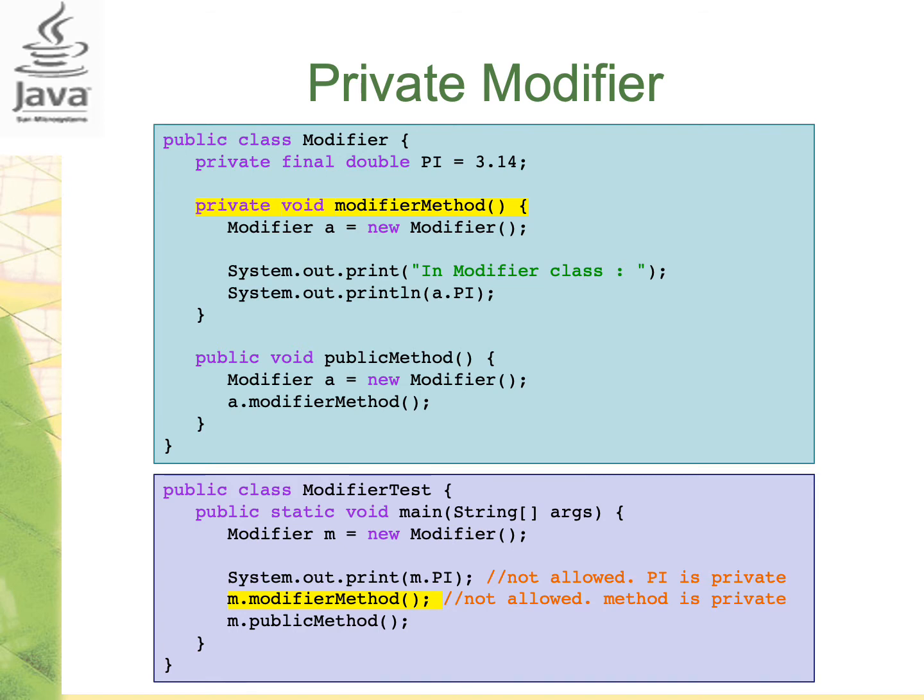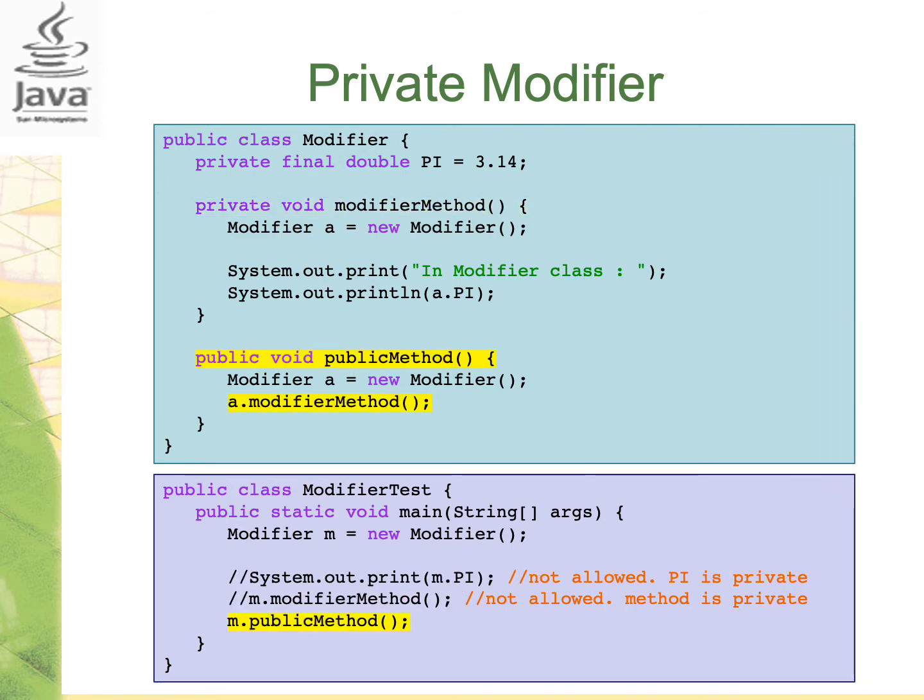The same goes for a private method. Say that we modified the code in the Modifier class. We change the modifierMethod to private. So, within the ModifierTest class, if we do m.modifierMethod, it will give us an error because modifierMethod has private access, so we cannot invoke it outside of the class.